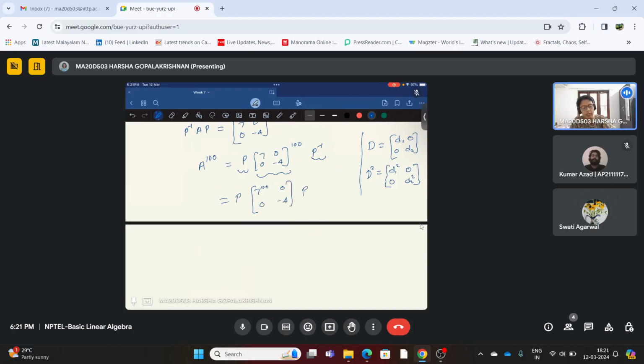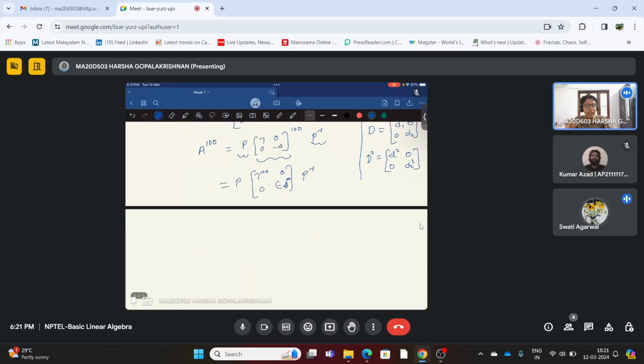Now we are remaining with only three matrices, P, D power 100 and P inverse, a multiplication of three matrices instead of 100 matrix multiplications. That is why diagonalizability is very important when coming to applications.